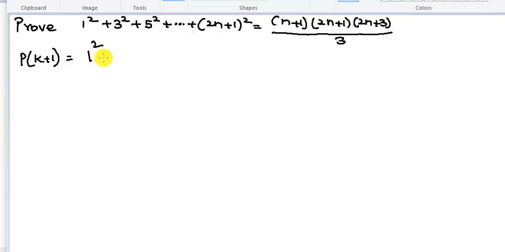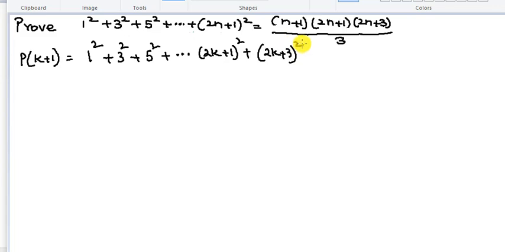So 1 squared plus 3 squared plus 5 squared plus 2k plus 1 squared, and the k plus 1th term we're trying to get, right? We said 2k plus 3, squared. This is what we're trying to achieve.